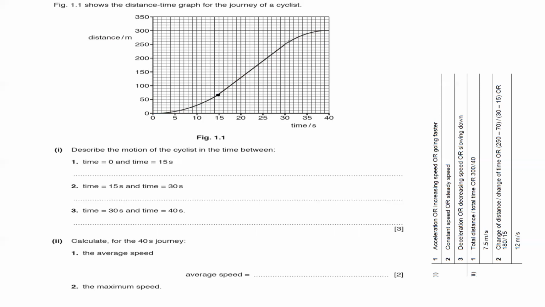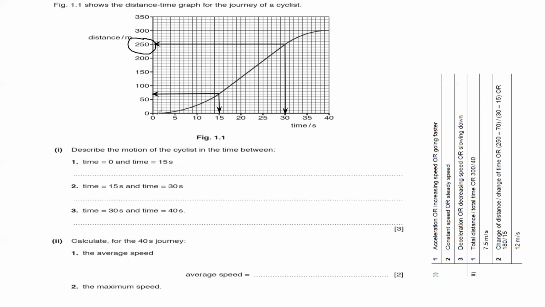And how can we work out the maximum speed in this region? We have 15 second and 30 seconds, the interval, because it is continuously changing the speed. First it was accelerating, then moving with a constant speed, and then decreasing the speed. So the time interval is 15 here, and the distance traveled at time 15 and at time 30.